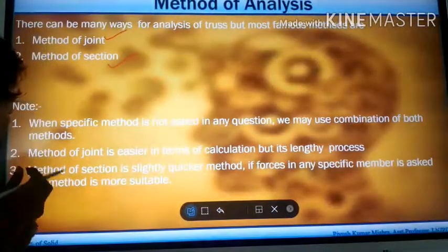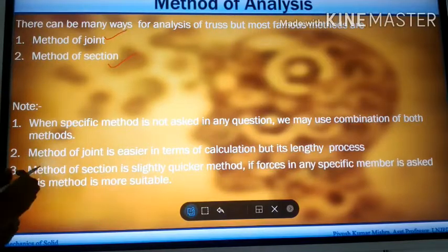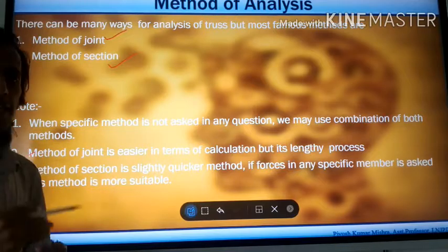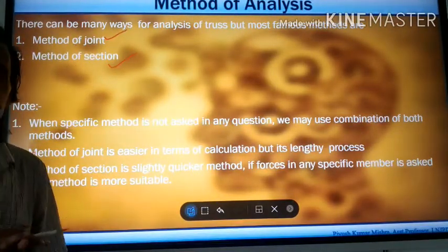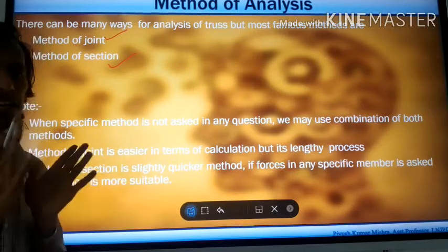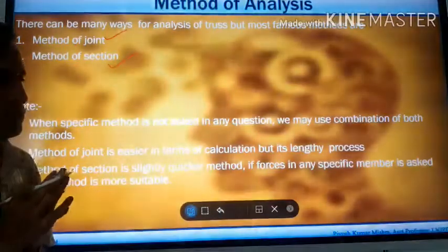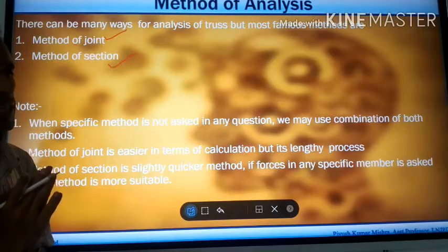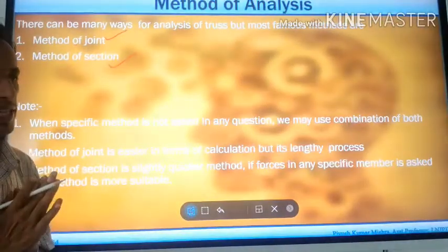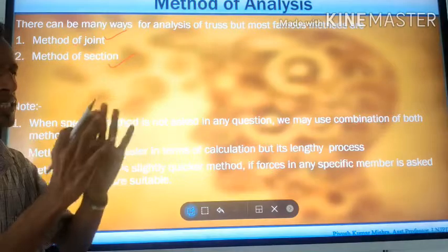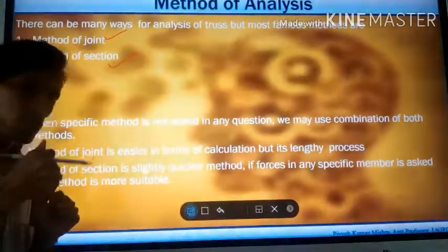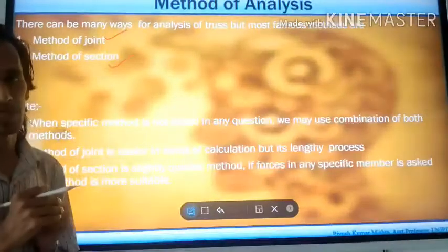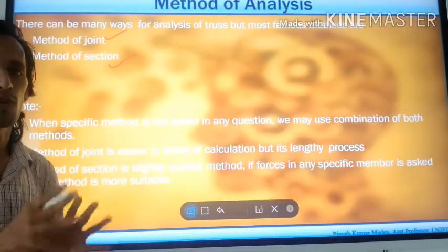Another point I have listed here is that if you use the method of joint as a single method, you will realize that this method is very easy. It has simple, fixed steps. You just follow those steps and you will calculate the forces.